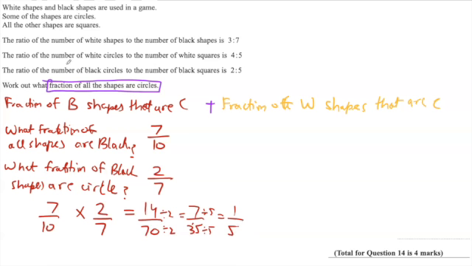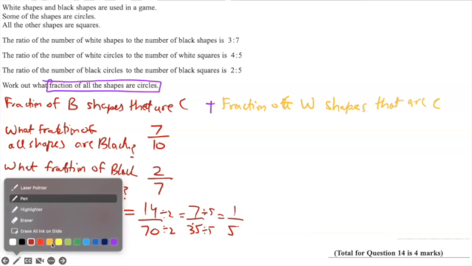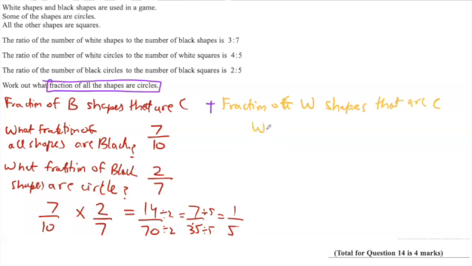Okay, so let's work out the right-hand side, the fraction of white shapes that are circles. In the same way, we're going to find what fraction of all shapes are white.